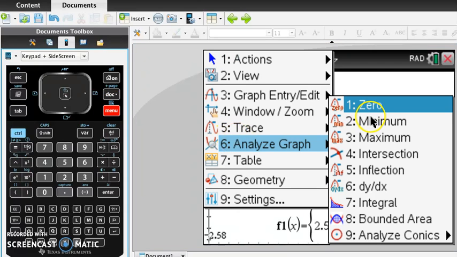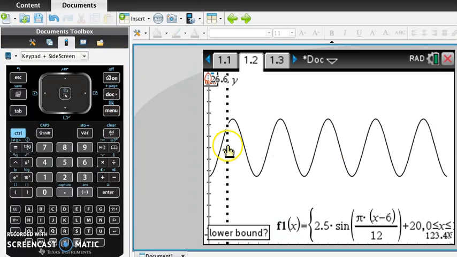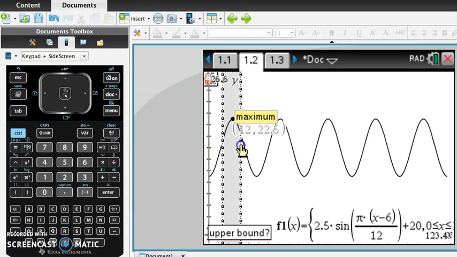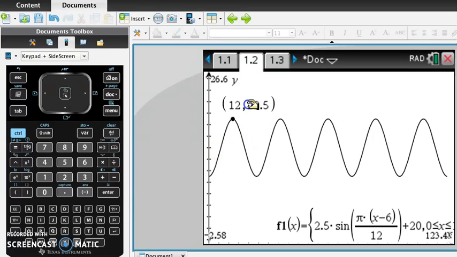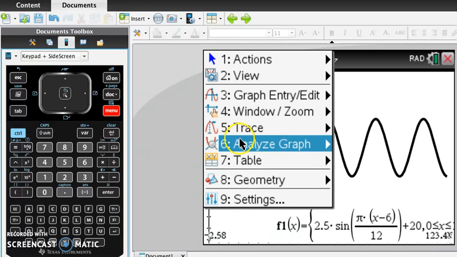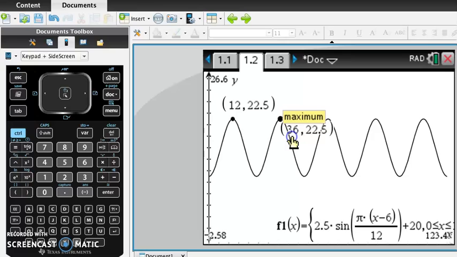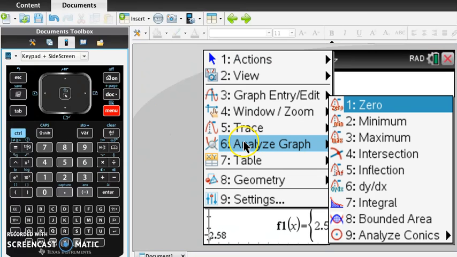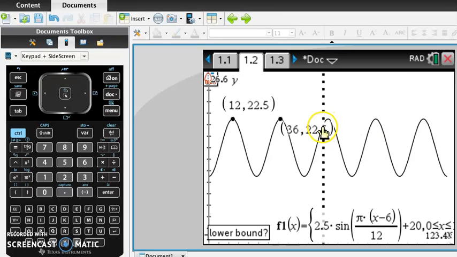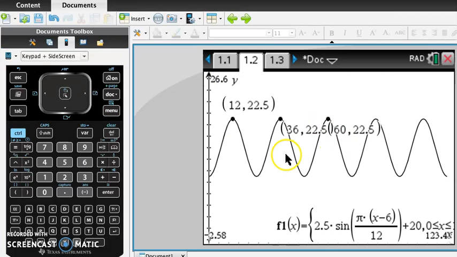Okay, so let's analyse the graph again. We've done this already a couple of times. The maximum value, fortunately, nice values, 12.25. Analyse the graph maximum. So notice the difference, 12, 36, 60.